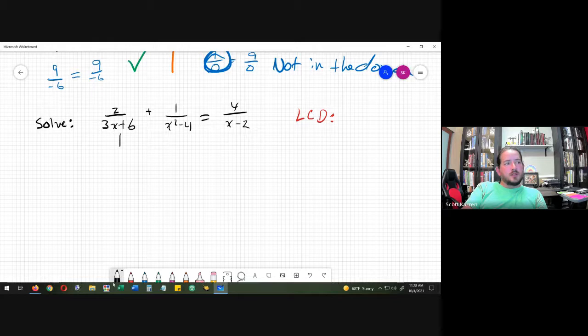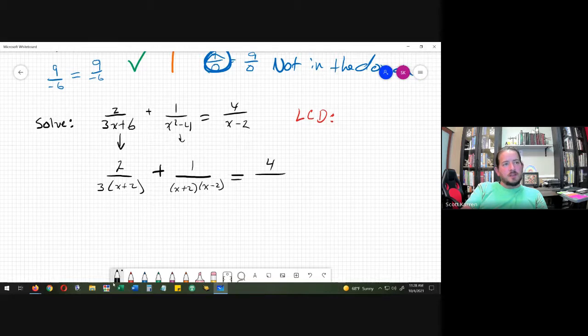So this first one, both the 3x and the 6 are divisible by 3, so I'm just going to factor out a 3. That leaves me x plus 2. The other one, this x squared minus 4, is the difference of two squares, so you'll recognize that as x plus 2 times x minus 2.